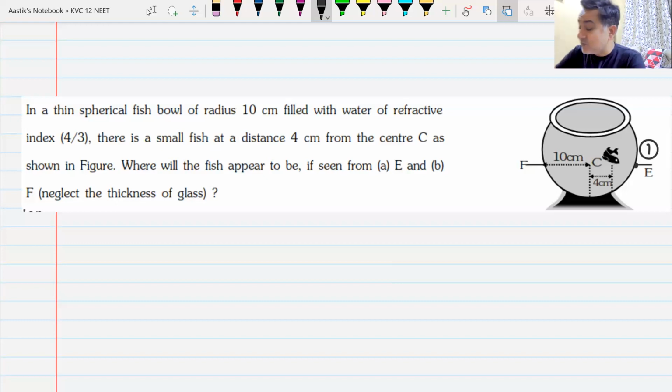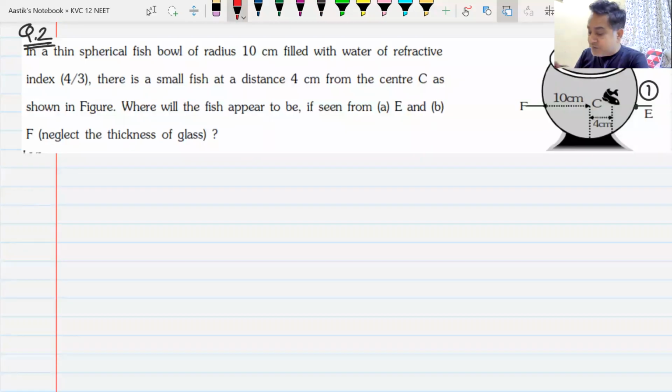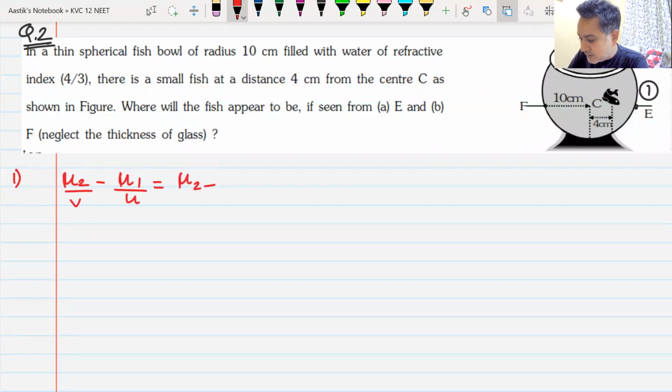Okay, so first let me solve case number 1 till we can work out case number 2. In case number 1, what we got to do? Case number 1, solution. I first put the formula mu2 by v minus mu1 by u is equal to mu2 minus mu1 divided by r.